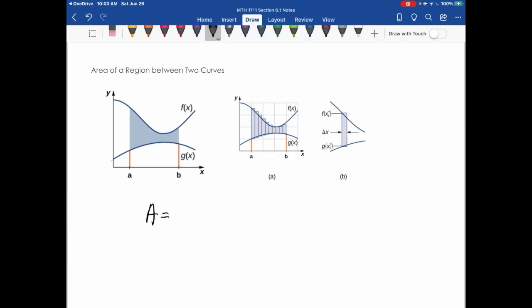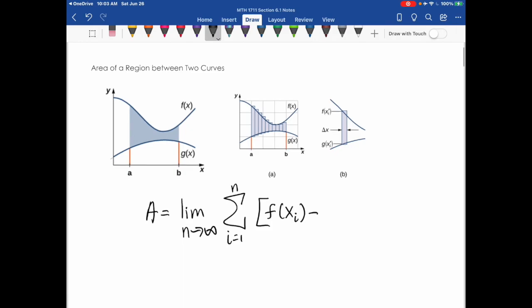So when we write the Riemann sums for finding the area between curves, we're going to write this as A is equal to the limit as n approaches infinity of the Riemann sum, i equals 1 to n.